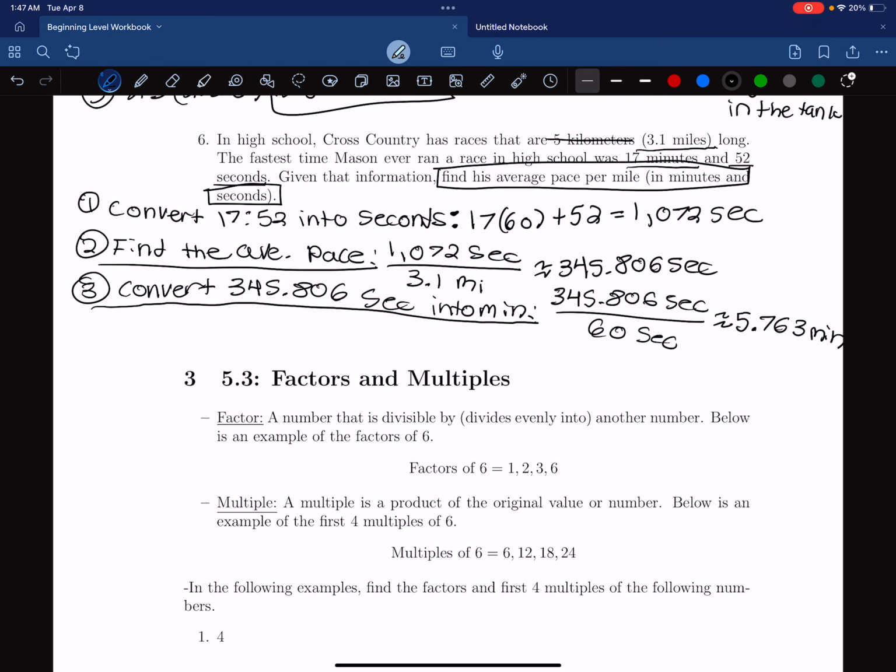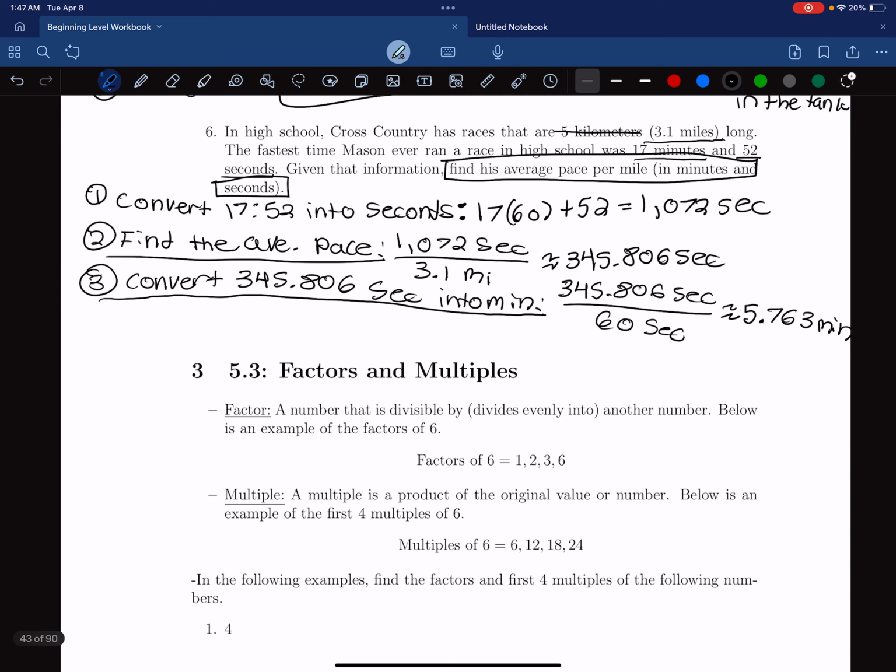Now we have one more step left to do, because if you notice here, we want our answer in minutes and seconds. So we're going to have to take this decimal, 0.763, and convert that into seconds. First, convert 0.763 into seconds.